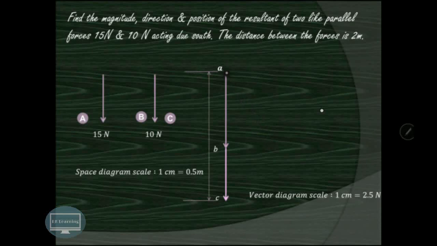Now from this start point A up to this end point C, this total distance is the distance of the resultant R. Now join this OA. So as you can see over here, we have selected any point O which is known as pole, and we have joined this O with A. Similarly, this O with B and this O with C.